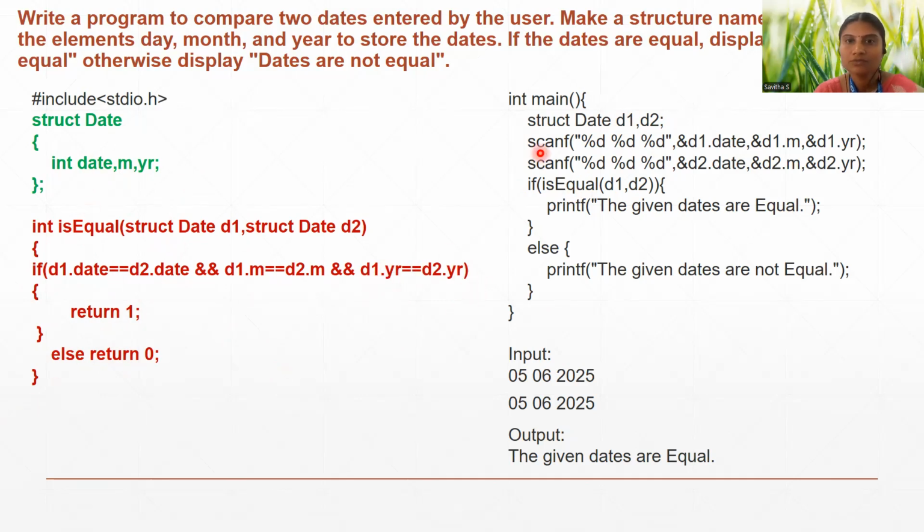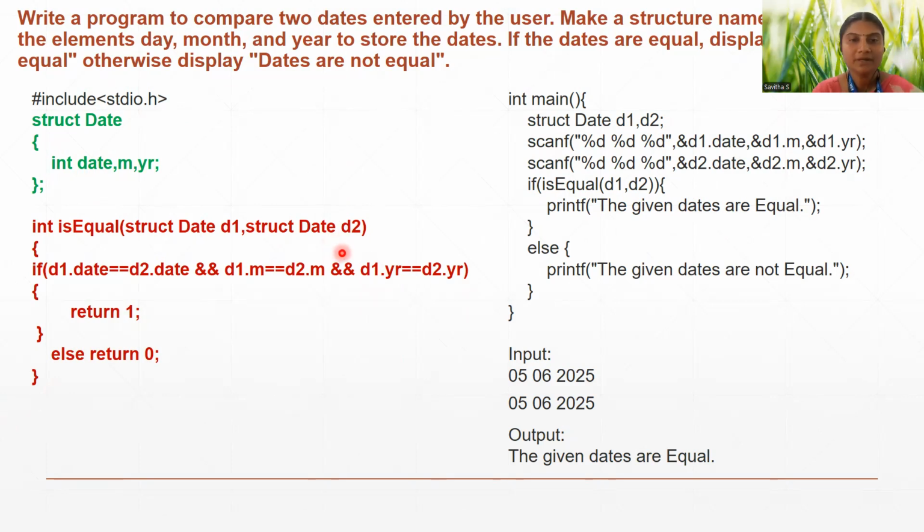So first, the program starts from main, struct date. D1, D2 are two objects for a single structure, that is date. We are reading the first date and the second date, and we are calling the function is equal, D1 comma D2. Now the control moves on to is equal: int is equal, struct date D1, struct date D2.